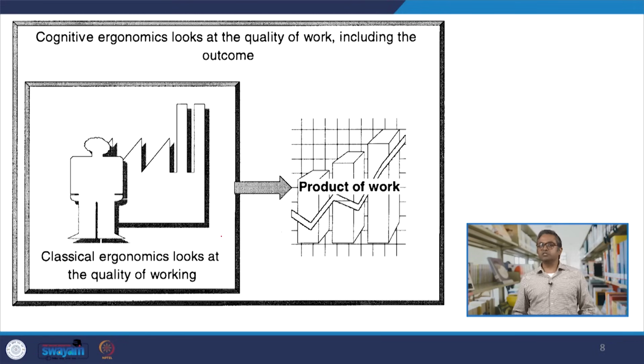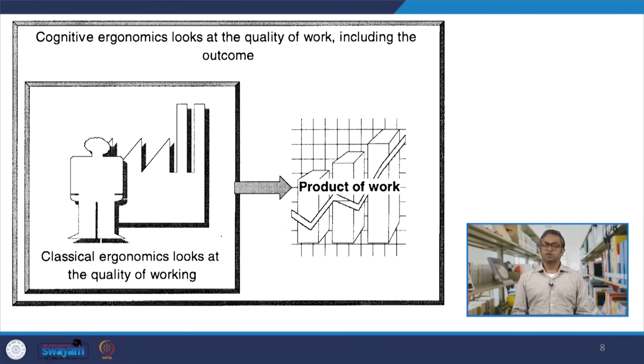This cross examination, this cross referencing between these two groups can itself highlight the necessity, the role of human cognition in a workplace setting. So, when classical ergonomics was only talking about the quality of working, there were many unaddressed issues.